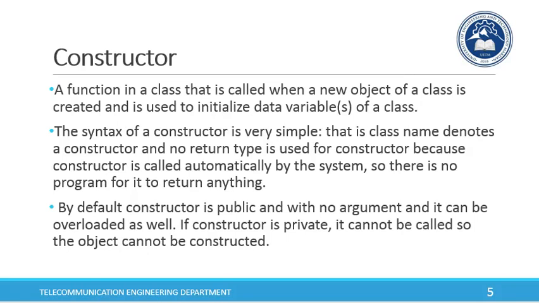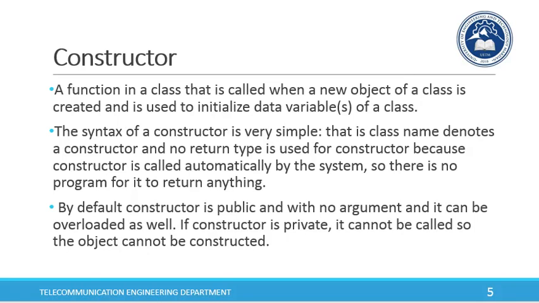The syntax of a constructor is very simple. The class name denotes a constructor. A function can be given any name we want, but you will give the name of the class to a constructor. No return type is used for a constructor because the constructor is called automatically by the system, so there is no need for it to return anything.